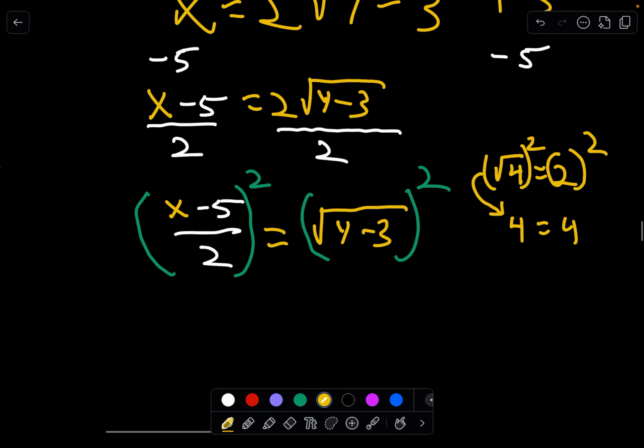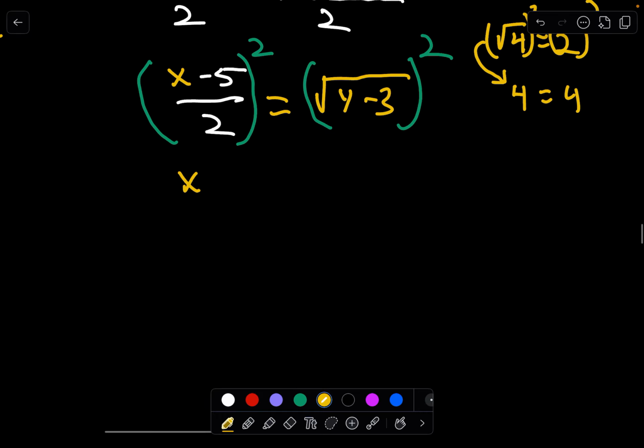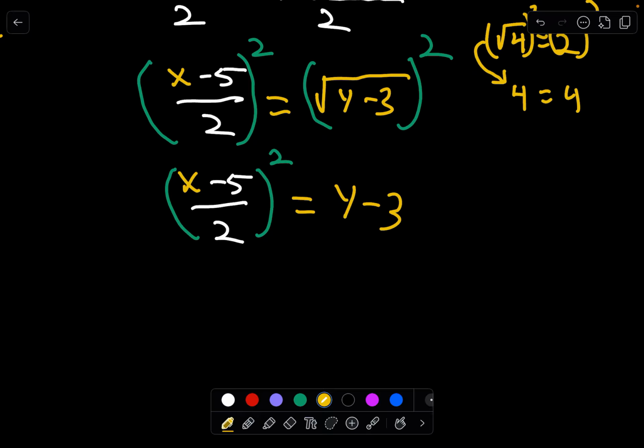And now, over here on the left, I got x minus 5 over 2 squared equals y minus 3.